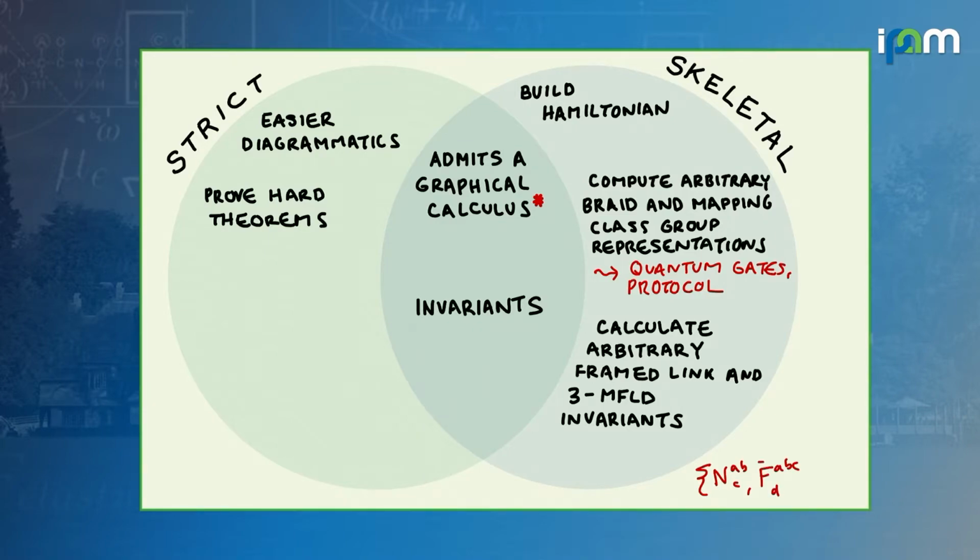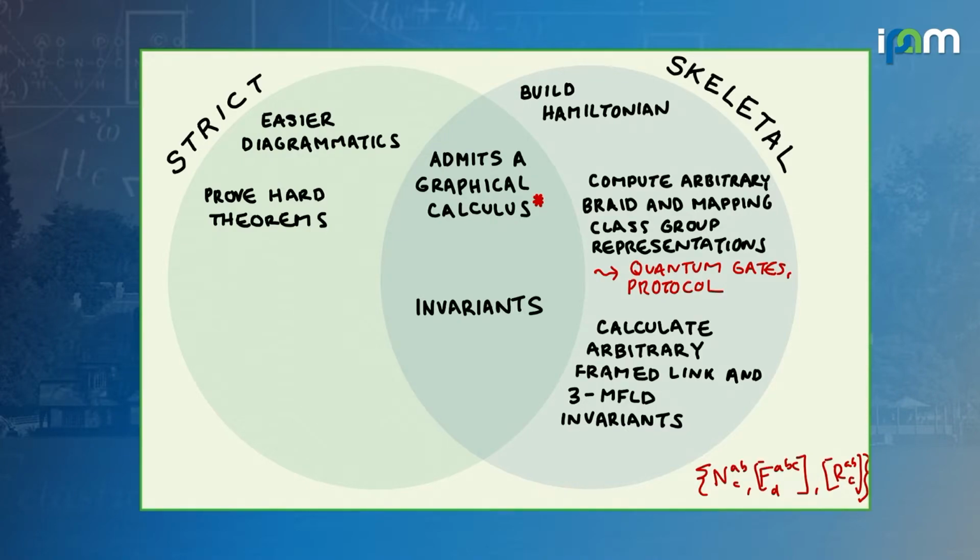Briefly, the fusion rules, F symbols, and R symbols. Similarly, if you had all of this, you could calculate any framed link or three-manifold invariant that you wanted to, any Witten-Reshetikhin-Turaev invariant associated to the category.